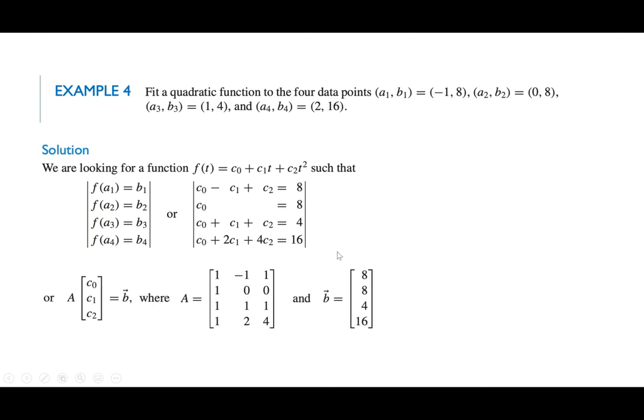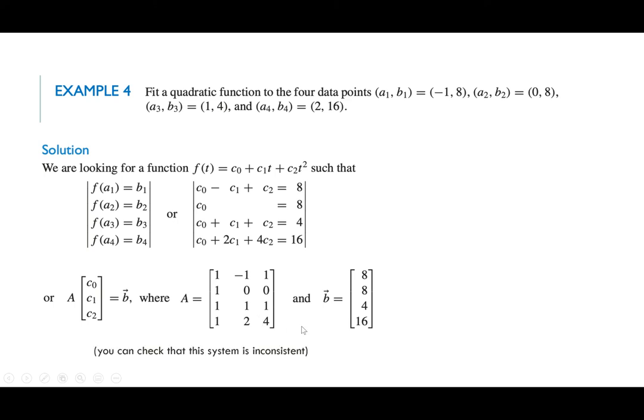Another way to say this is you're trying to find coefficients C0, C1, C2 such that A times (C0, C1, C2) equals B, where A is this matrix, these are the columns of the coefficients, and B is this column.